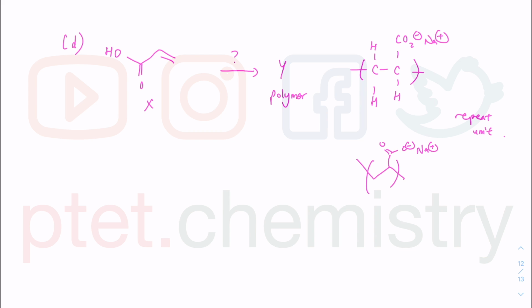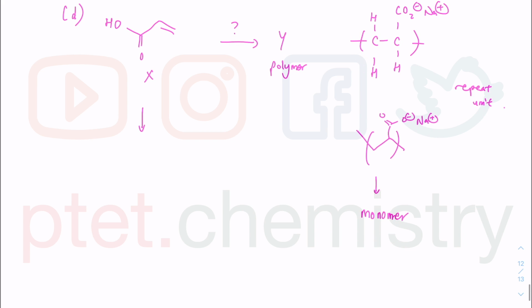Let's see. What is the structural formula of monomer Y? X reacts with another reagent to form Y. Okay. So you want your monomer that comes from the polymer.